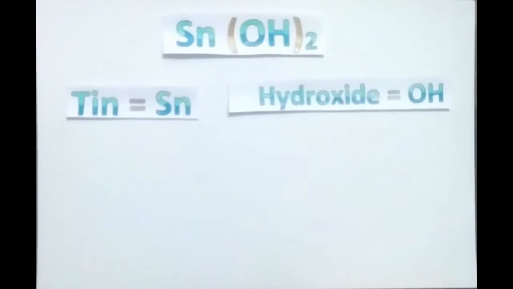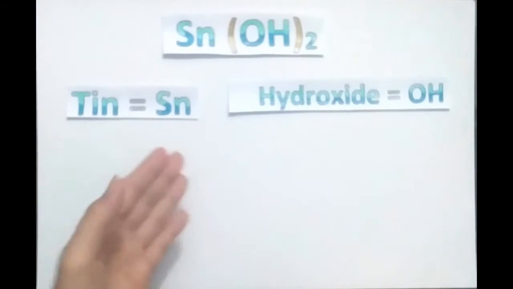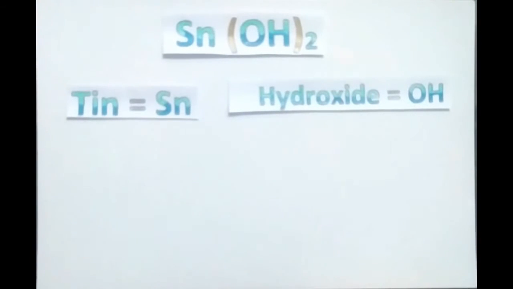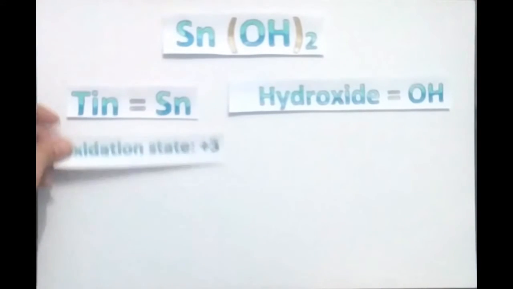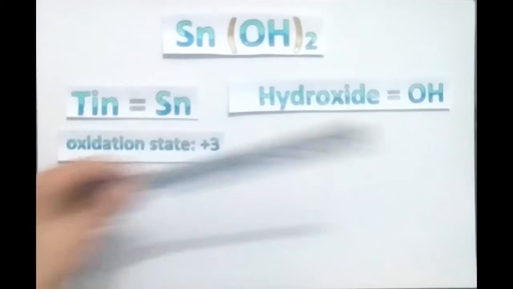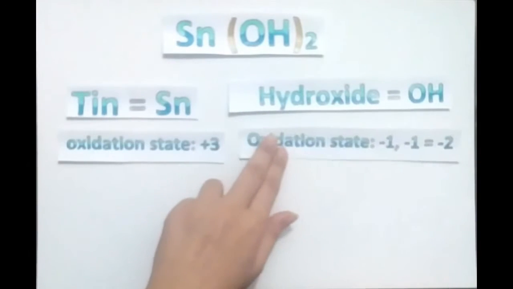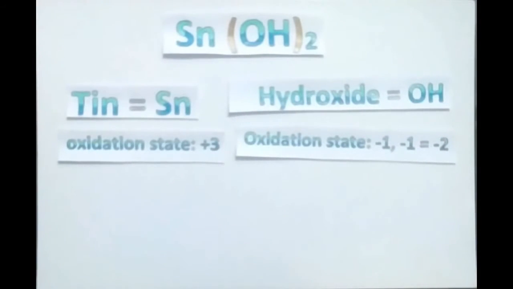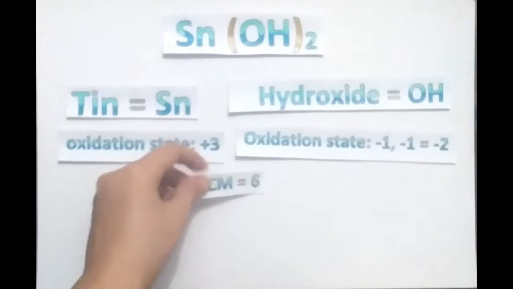SnOH2. Tin, equal to Sn, has an oxidation state of positive 3, while hydroxide has an oxidation state of negative 2 because there are 2 hydroxides. To find their LCM, tin has 3 charge, while hydroxide has 2 charge, so their LCM is 6.